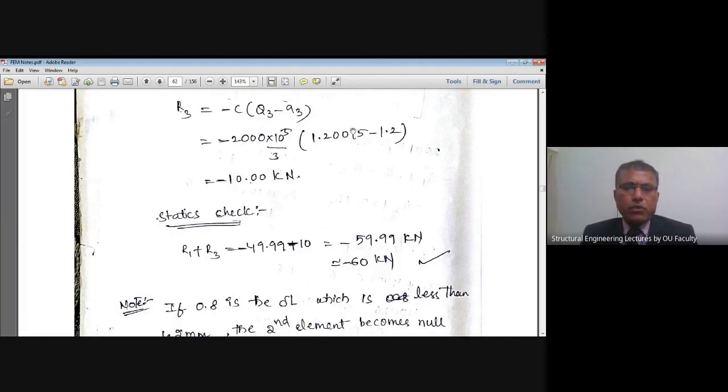Yet I got 1.20015. Therefore, the correctness of the answer means Q3 is approximately equal to A3. FEM has given a solution as Q3 equal to 1.20015, but the exact answer is 1.2. Hence the correctness of the answer. Yet there is a small difference between these two, which multiplied with large stiffness gives rise to approximately 10 kilonewton acting in the opposite direction.